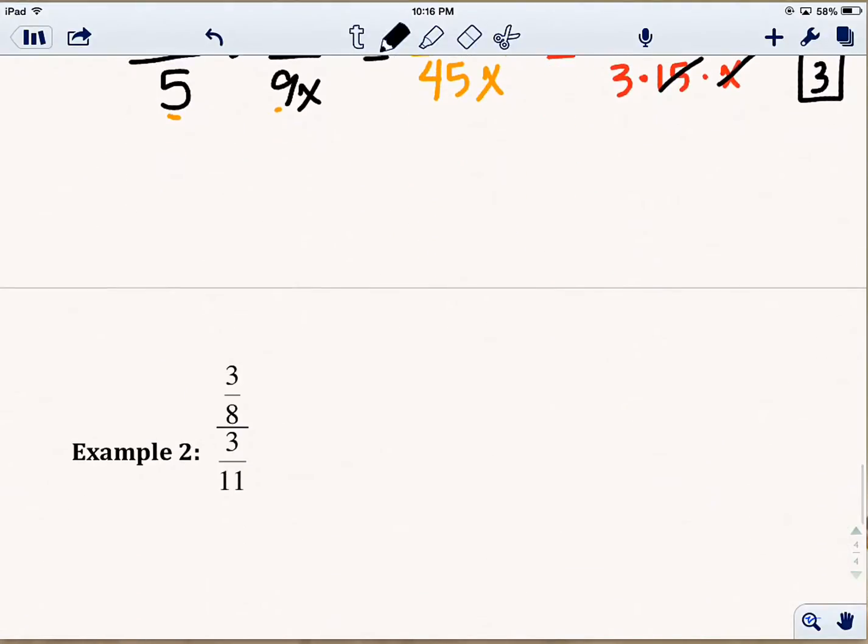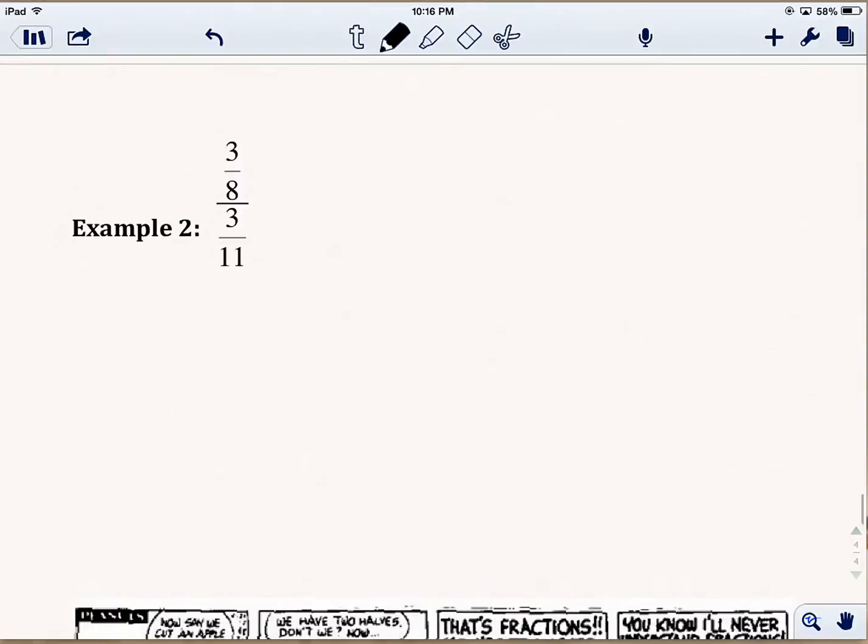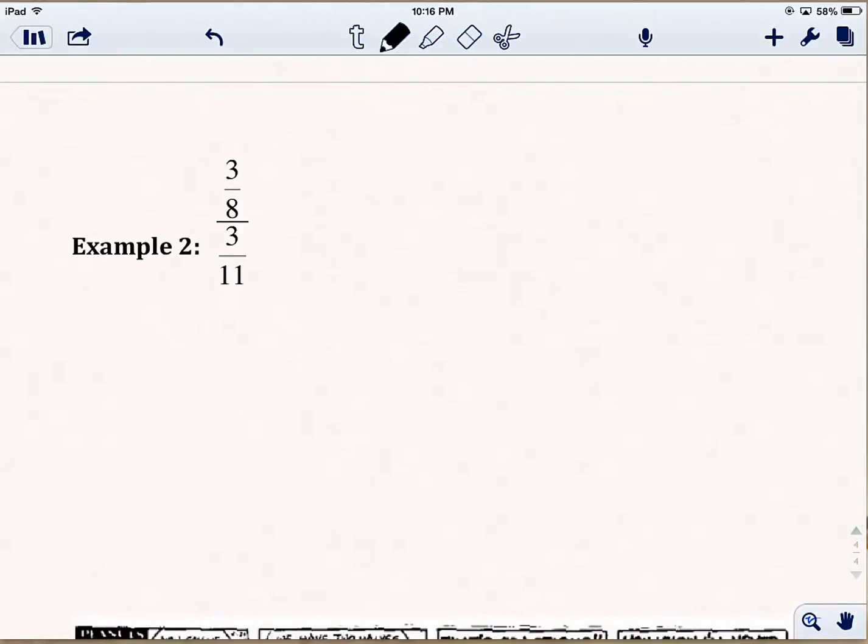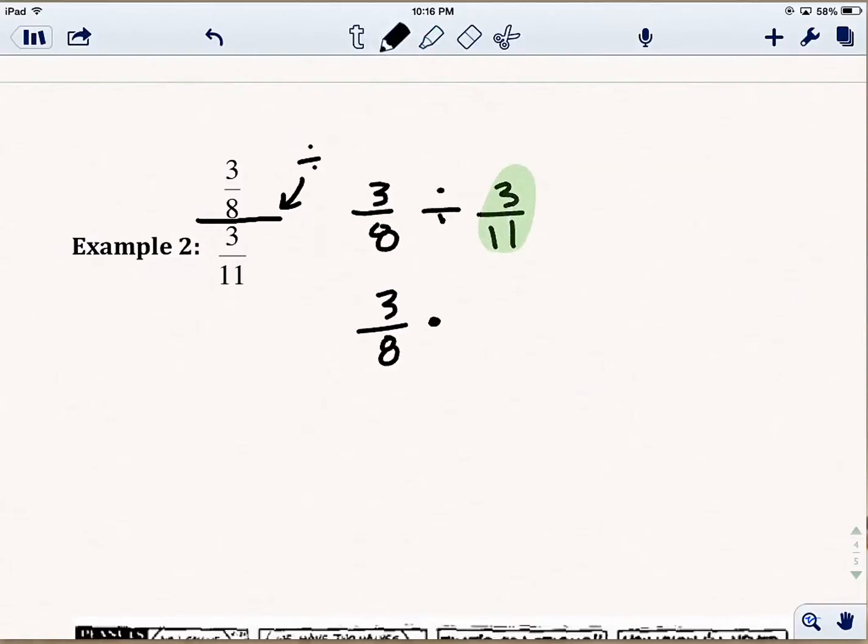So when you're working with a complex fraction, let's try another one. Remember, a complex fraction is just a big division bar. So let's rewrite this. We have 3/8, our numerator, divided by 3/11. This fraction bar right there just means division. So 3/8 divided by 3/11. To divide fractions, we multiply by the reciprocal. So I take the reciprocal of the right one, invert and multiply. Oops, I need the reciprocal then, 11/3.